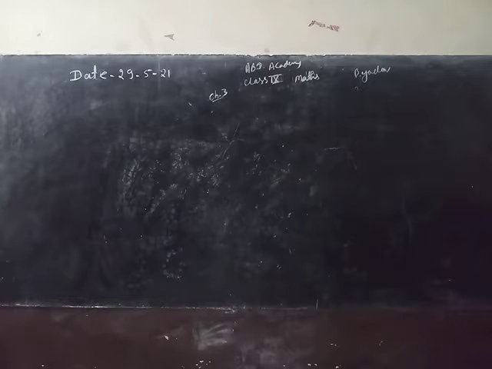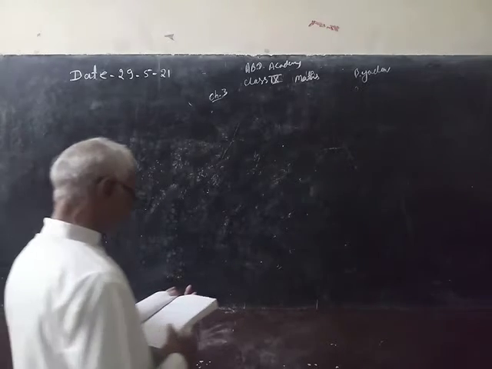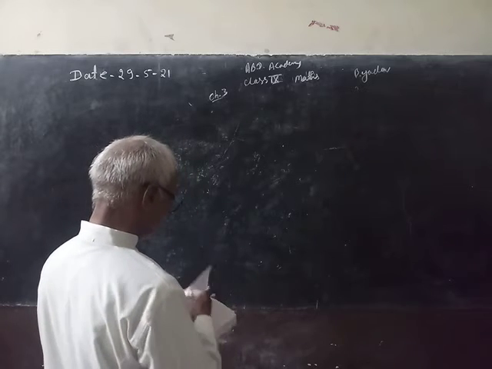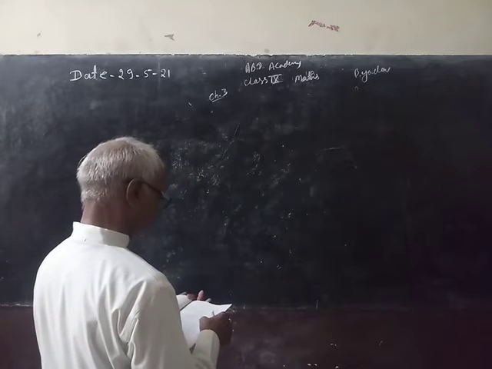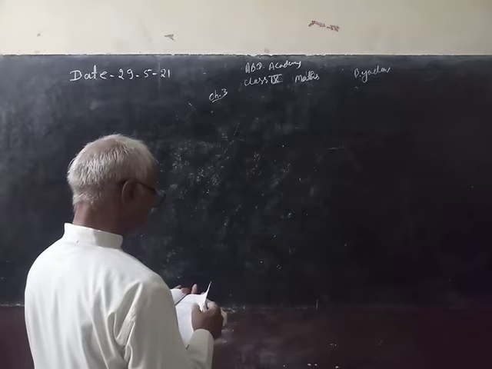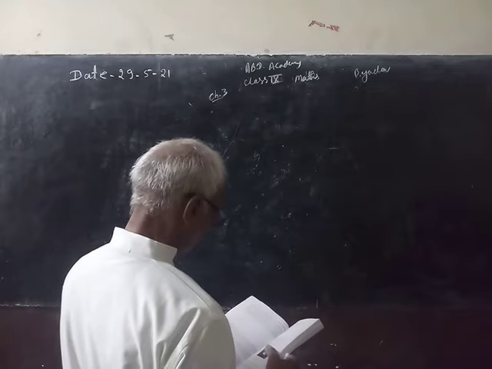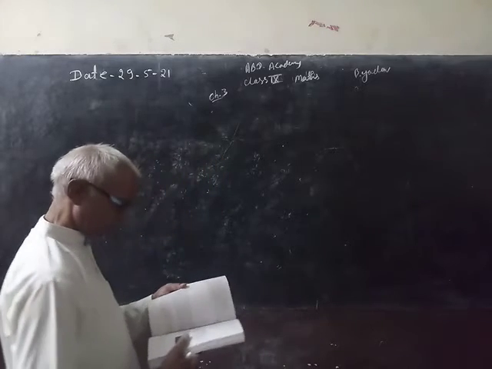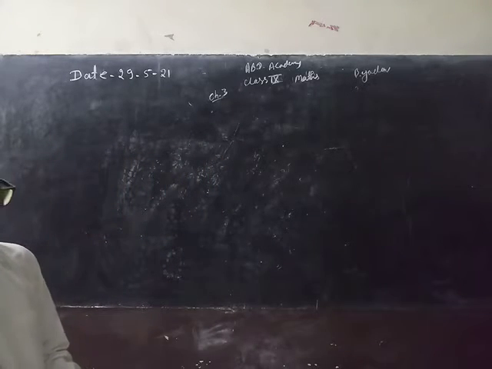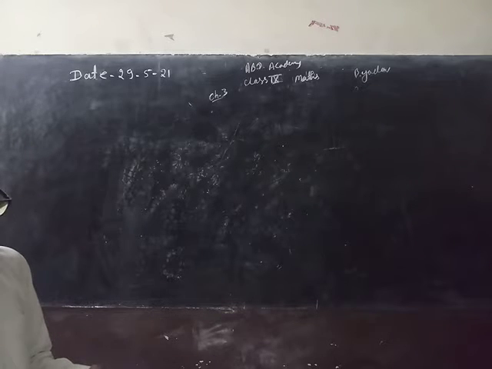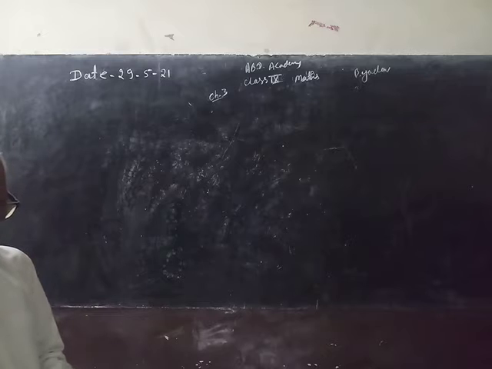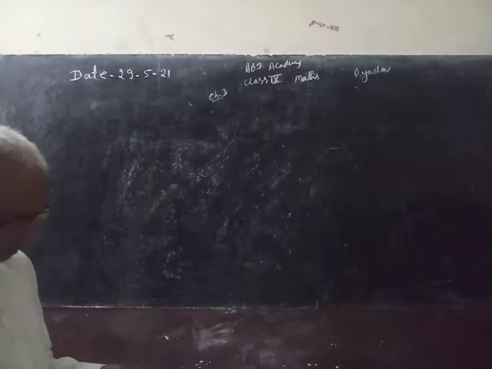Class 9 Maths, Chapter 3, Coordinate Geometry. Actually here, what are coordinates? Coordinates are the variables with the help of which we can ascertain the position of a point on a plane.